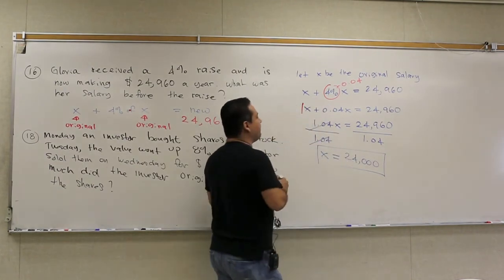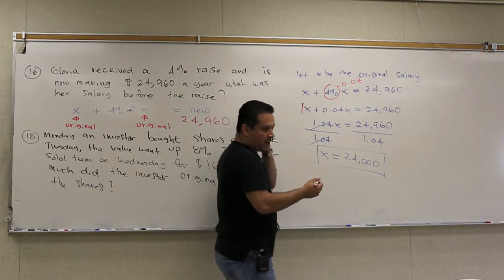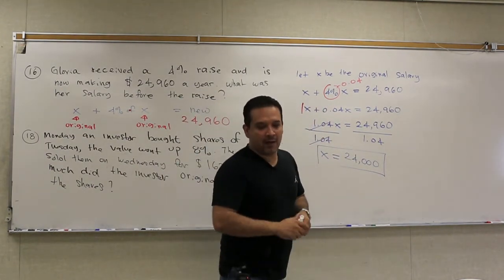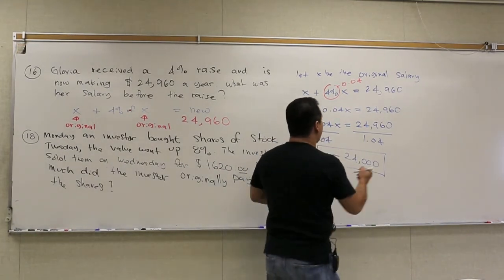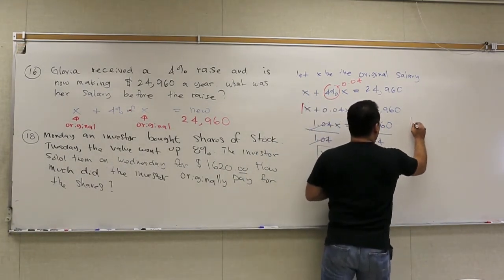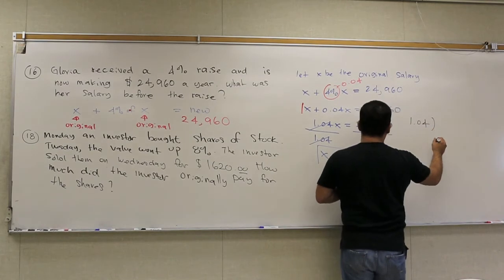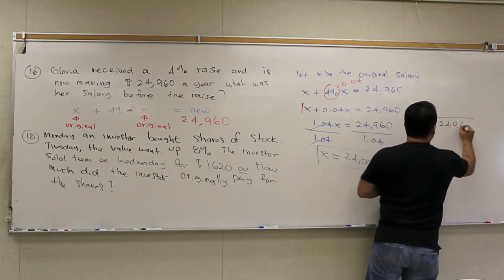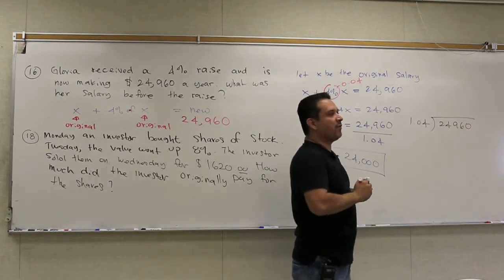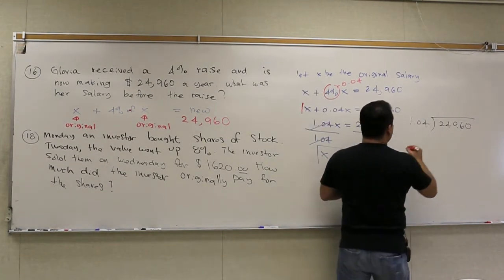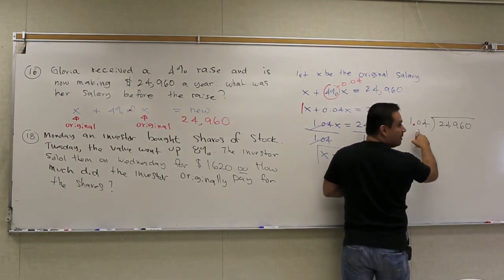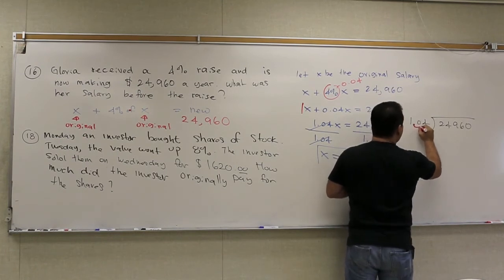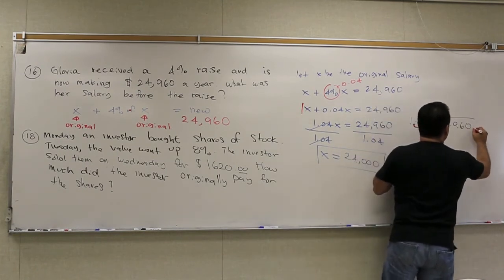Okay, notice a couple of things here. By the way, just to remark about your division, you guys remember the division you're really going to do is that 1.04 has to go into 24,960. Just to remark again, you have this decimal here. You have to move it how? Two spaces to the right. Is that right? So move this two spaces to the right.